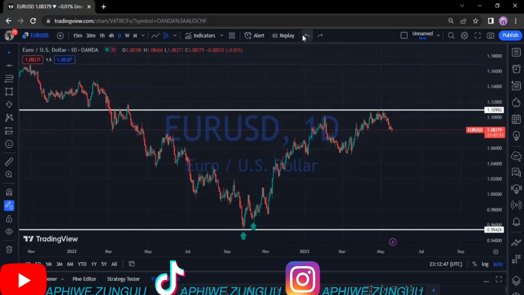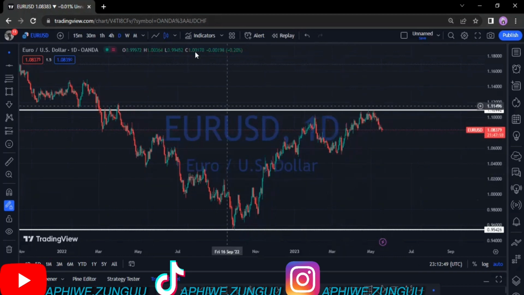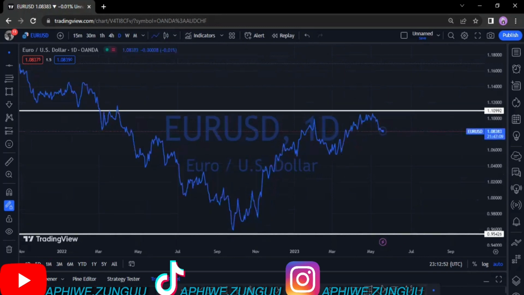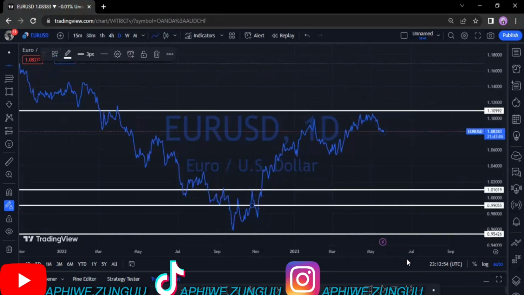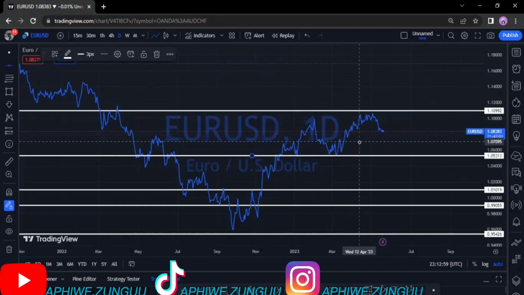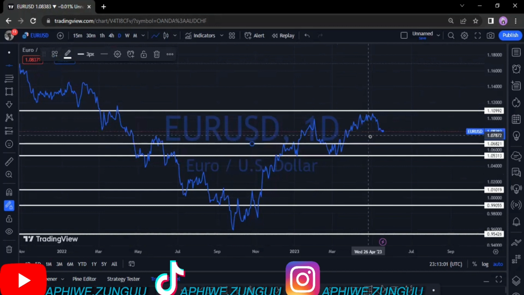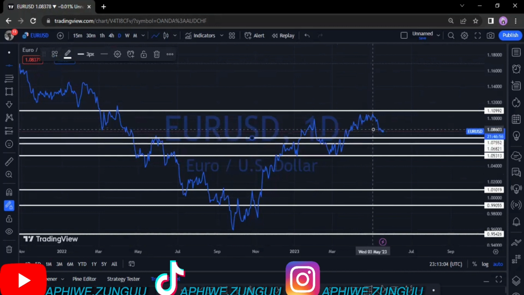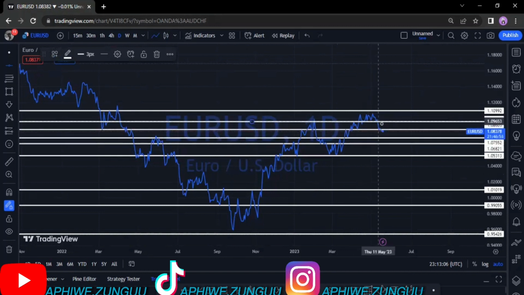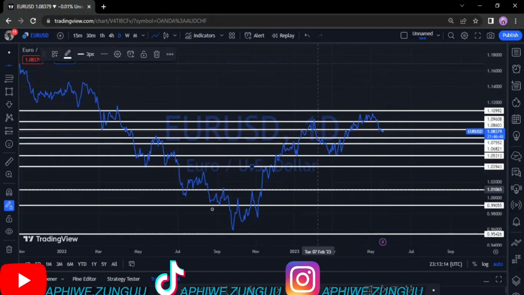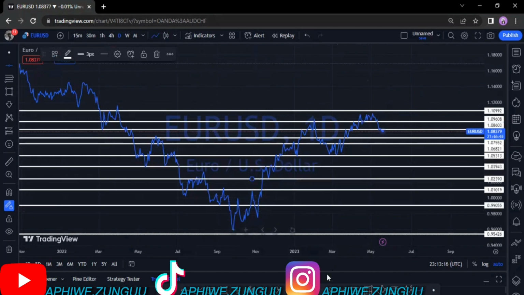But I don't rush to mark it quickly. I only mark out my highs and my lows. I'm just marking out areas that have 2 or more touches, that's what I'm doing right now.